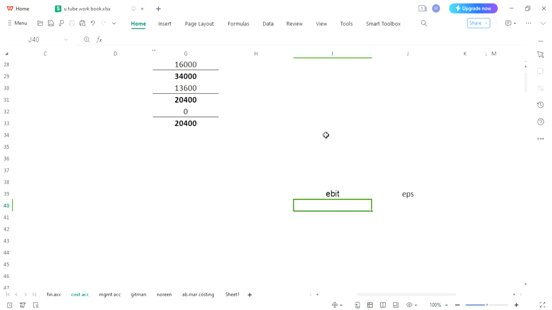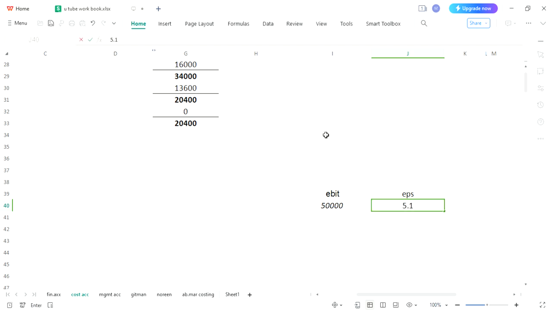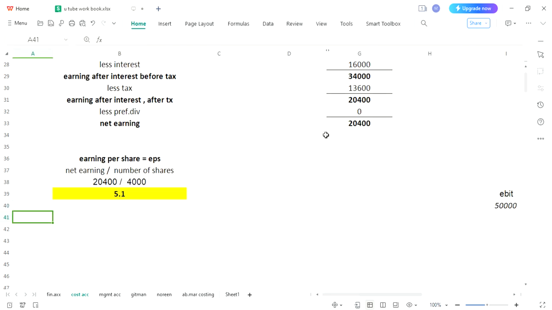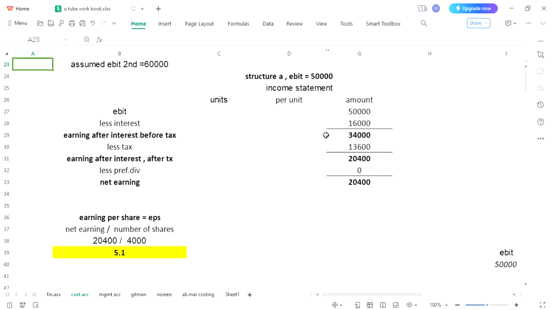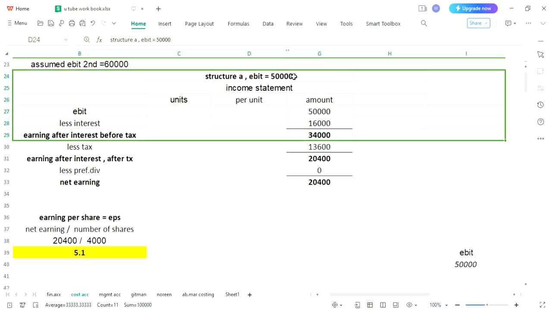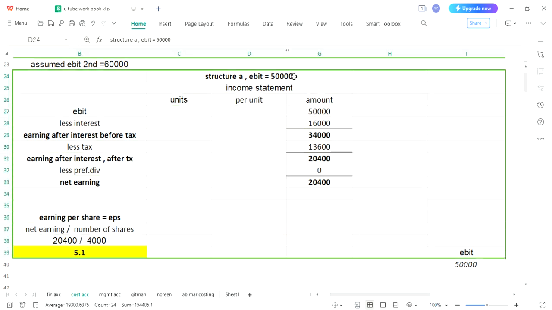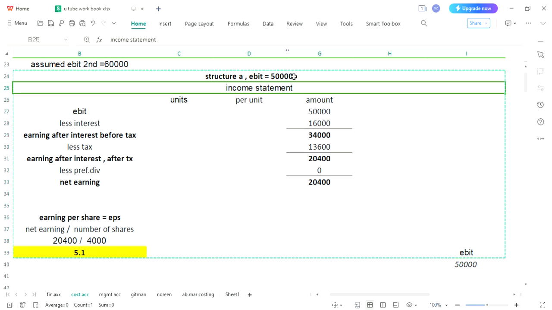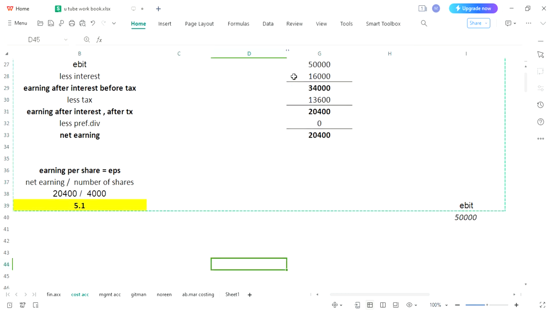First EBIT was taken 50,000 and EPS is calculated 5.6. So here you will perform everything again. This income statement, structure, everything you will be doing again because we do have a second EBIT. Let's put it over here.